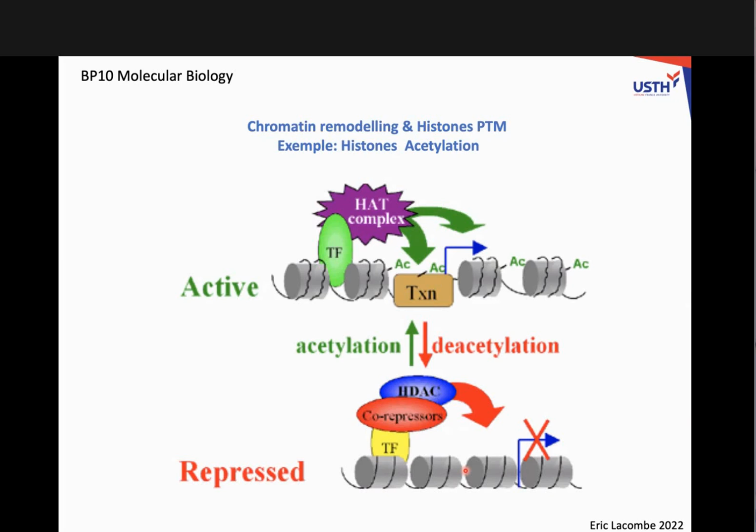And because the chromatin is decompact locally, it is accessible to the Pol2 and the transcription will start. Okay? So basically, the consequence is the same. The consequence is transcription activation.